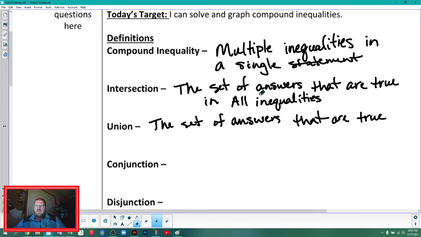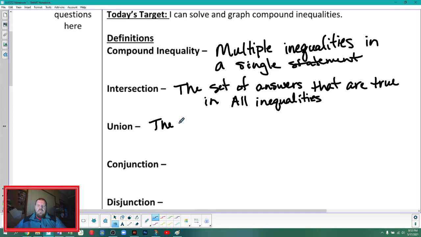So the intersection are the set of answers that are true in all inequalities. I'm going to call the union, sorry, I didn't mean to say this, I guess. We're going to call it the combination of the multiple sets of answers.